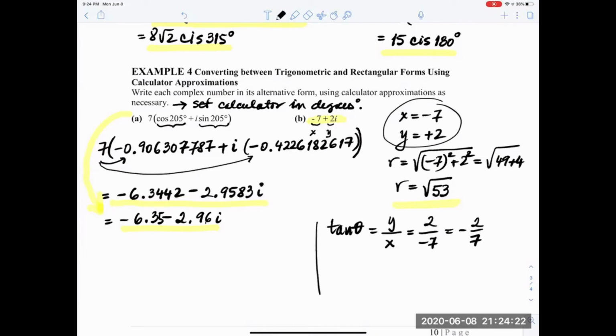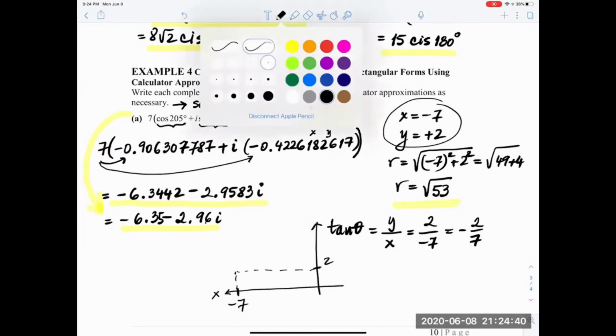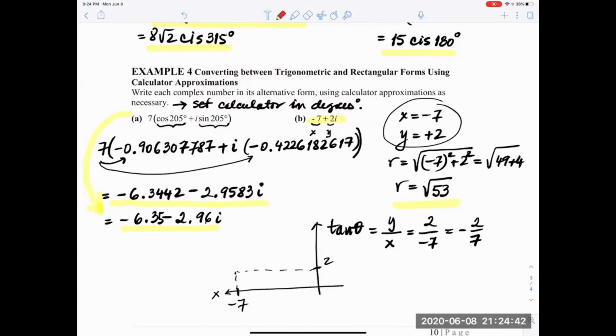So I just try to fit them all in here. So x is -7. So let's say here's your -7 on the x direction. And on the y direction, I have 2. So the intersection between them forms the tip of your vector, and it starts in the origin.